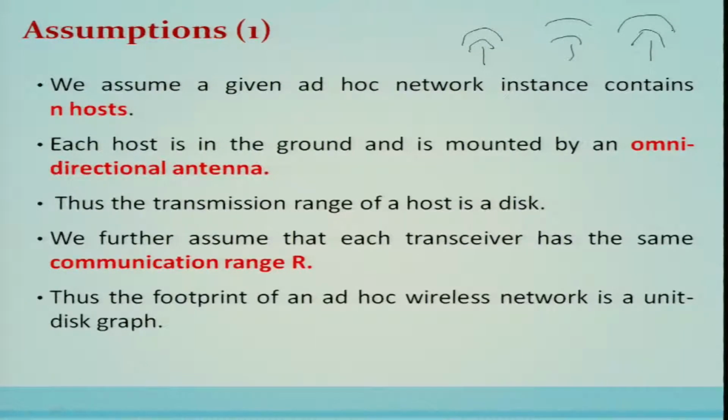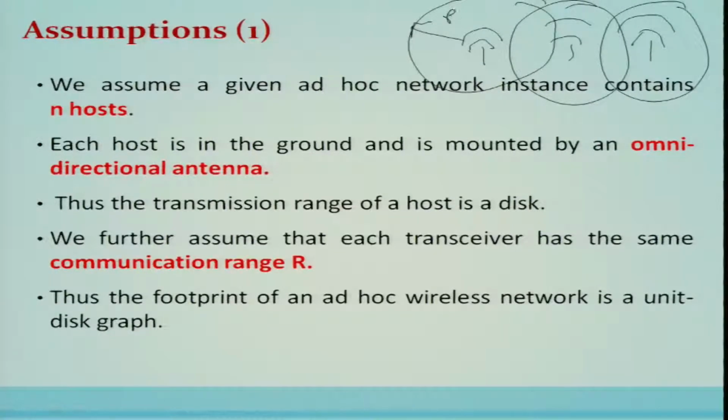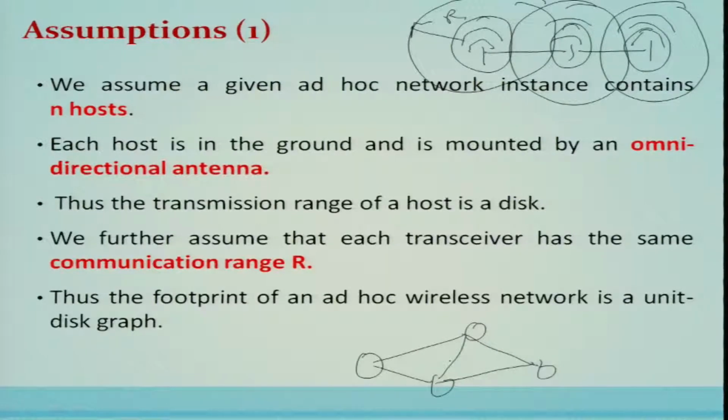The transmission range of a host can be modeled as a disk of a particular radius r, because it is omnidirectional and can communicate around a circle of radius r. Thus, the footprint of an ad hoc wireless network is a unit disk graph. The graph has overlapping disks, which can be considered as edges, and the nodes are the vertices.